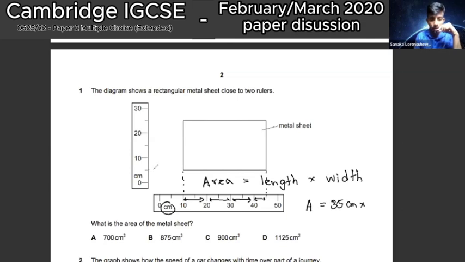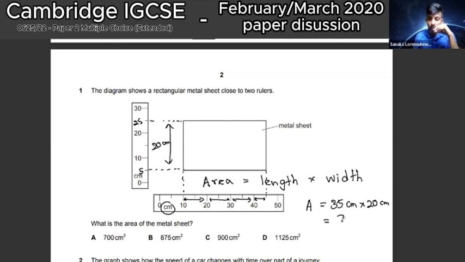Let's find the width. This is 5 and this one is 25. What is the difference? The difference is 20, so the width is 20 centimeters. Then the area is 35 times 20.